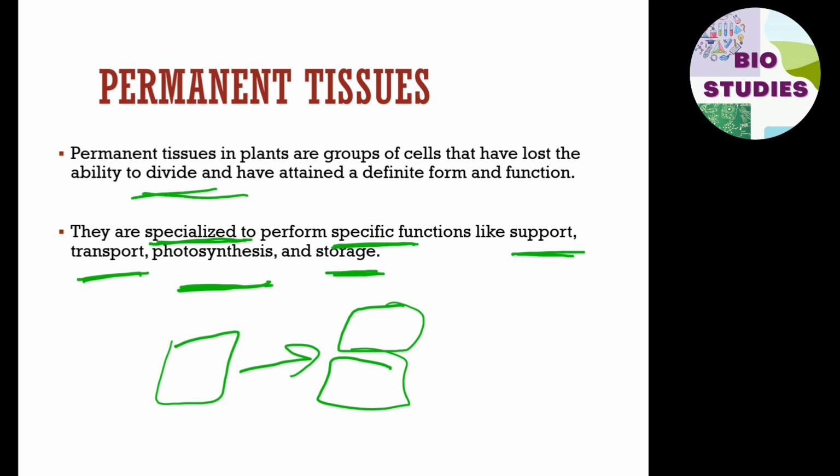Now what will they do? They attain a definite form and function. The role is specific. They specifically perform a function like support, photosynthesis, storage or transport. So that is permanent tissues. Okay? Very easy.